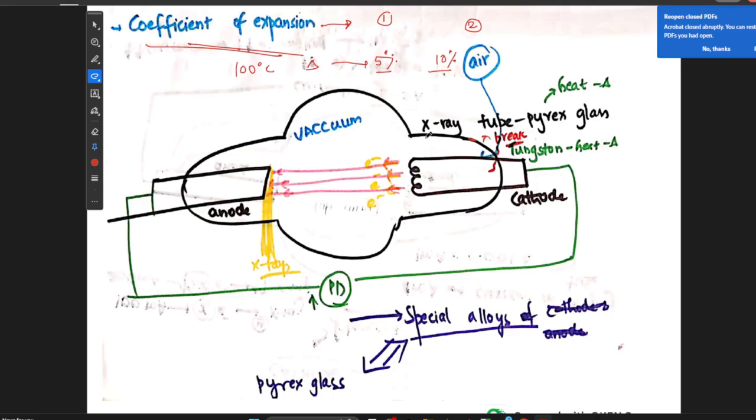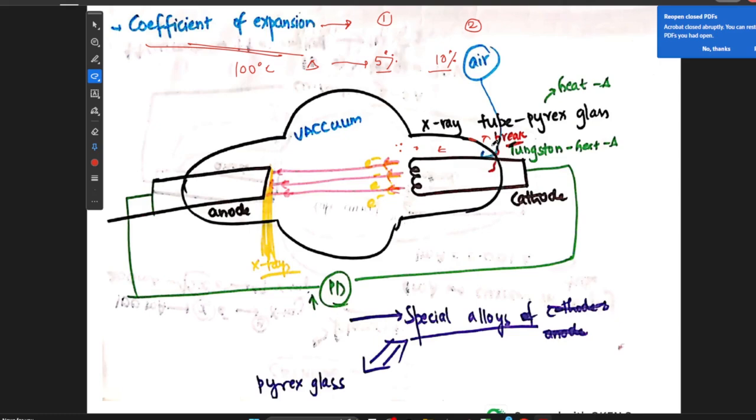When it breaks, air will enter, and if air enters, the X-rays are not produced uniformly, they will be produced at different energies.